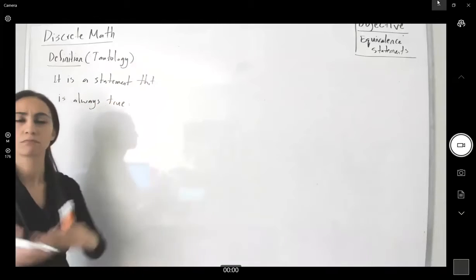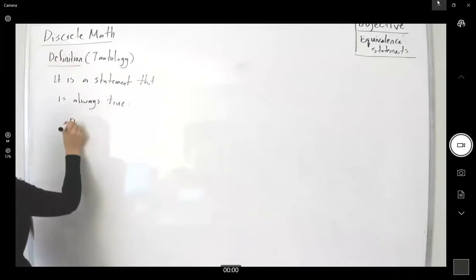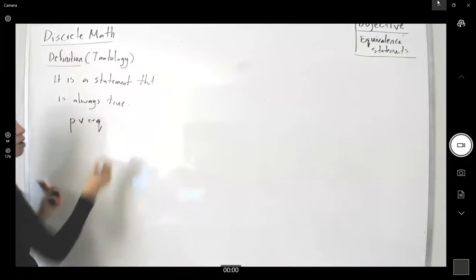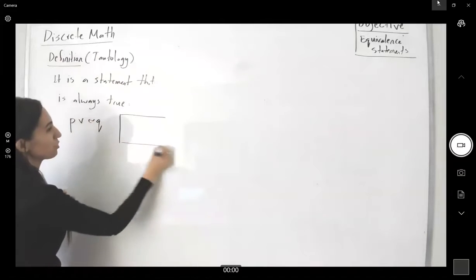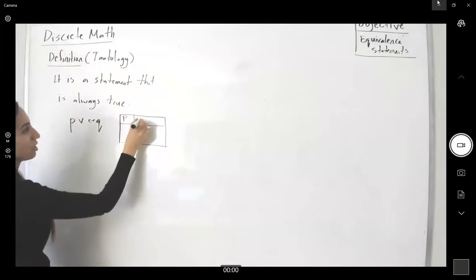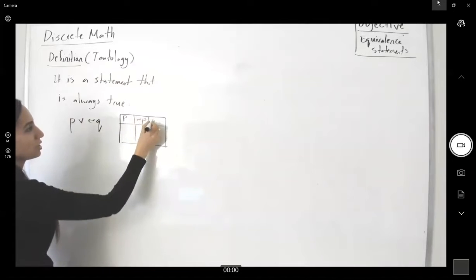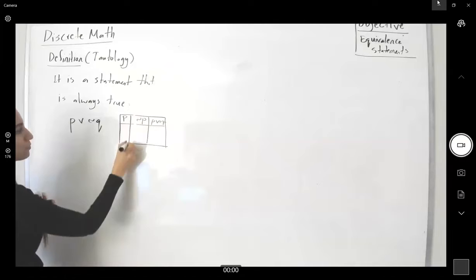For example, P or not P. P or not P is always true. Don't believe me? Take a look at the truth table. You have P, not P, P or not P. So here you have true, false.